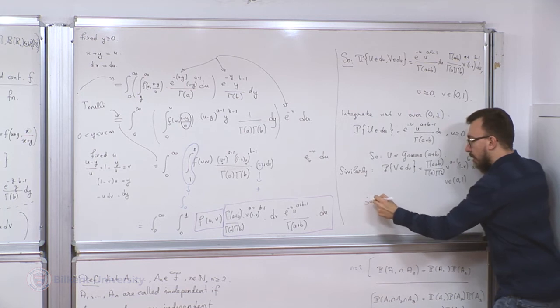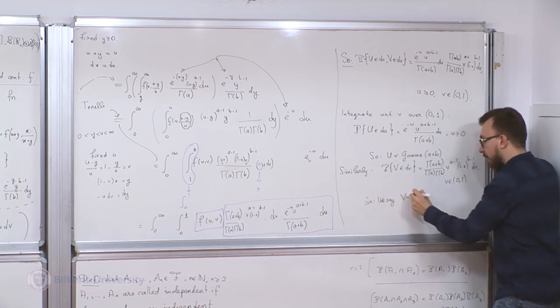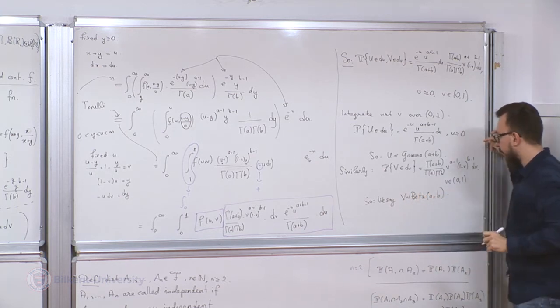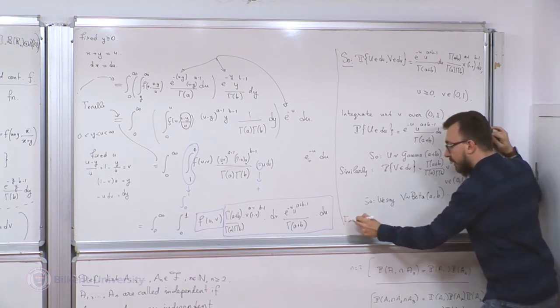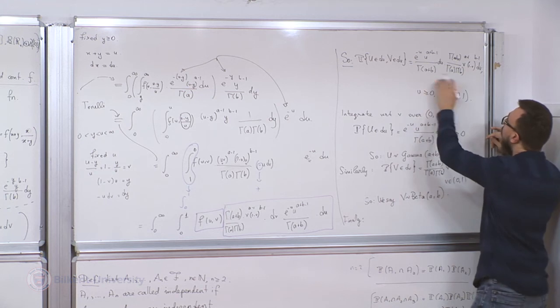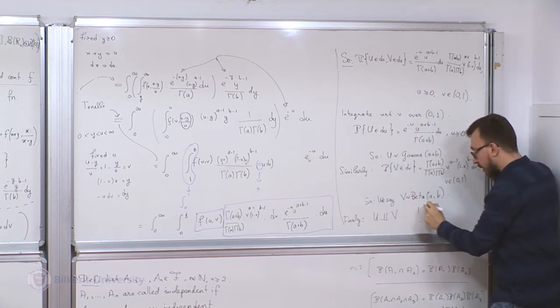So we say V is beta(a, b). Okay. And finally, since the joint distribution is the product of those two distributions, U and V are also independent.